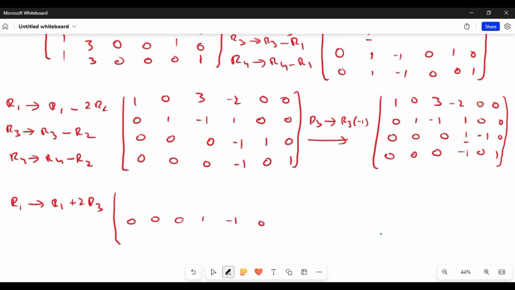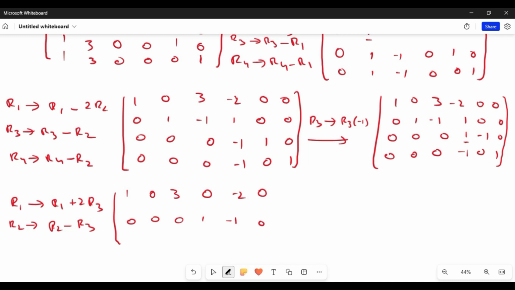So the first row will be 1, 0, 3, 1, 0, 3, 0, minus 2, 0. Second row formula will be row 2 is equal to row 2 minus row 3.